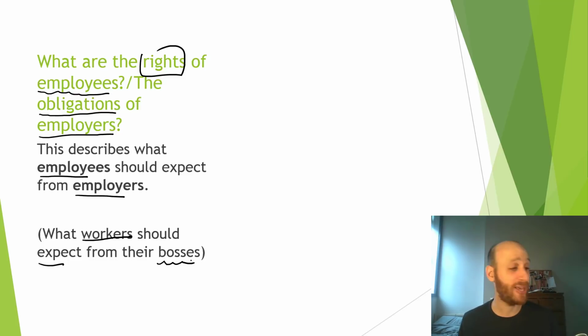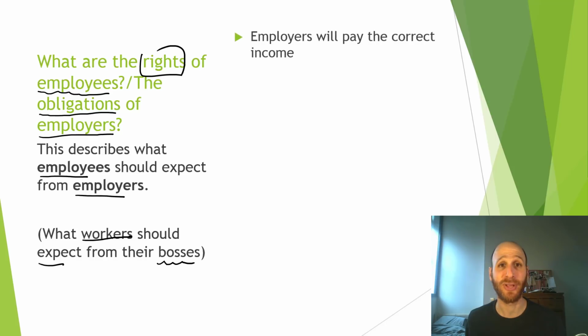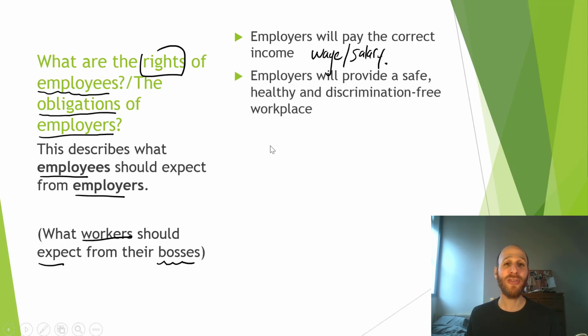So there are a number of things that workers should expect from their bosses. They should expect that their bosses will pay the correct income, whether this is in terms of their wage or their salary. The other thing they should count on is that employers will provide a safe, healthy, and discrimination-free workplace.